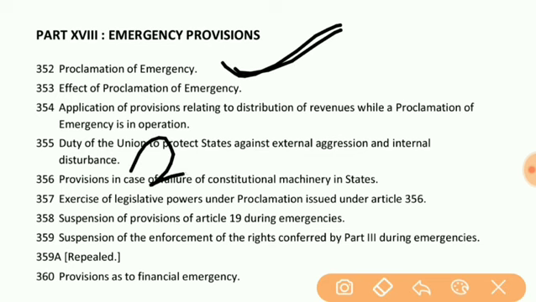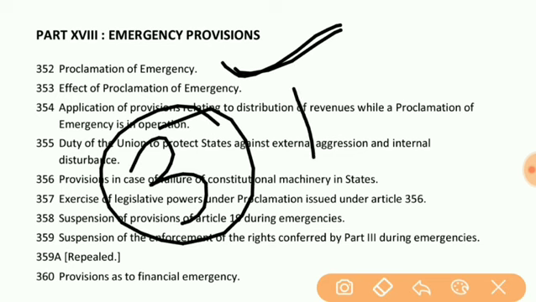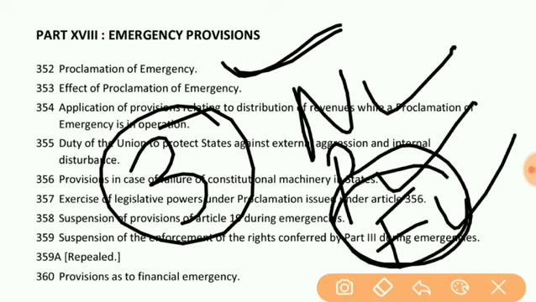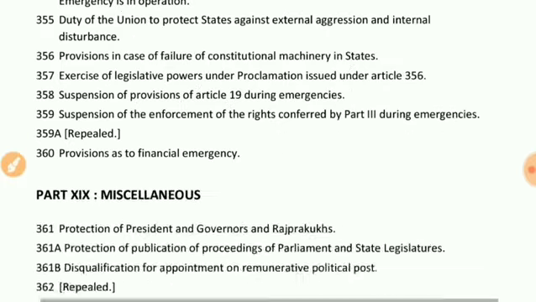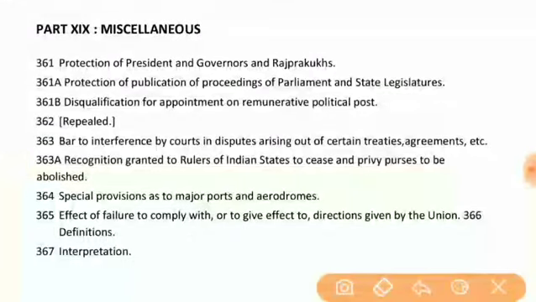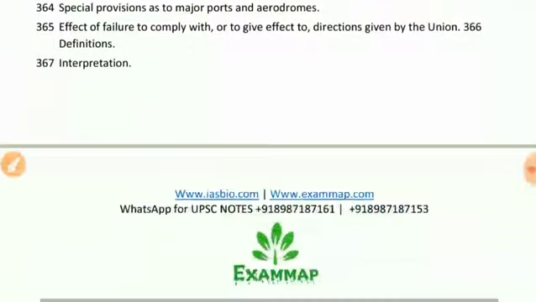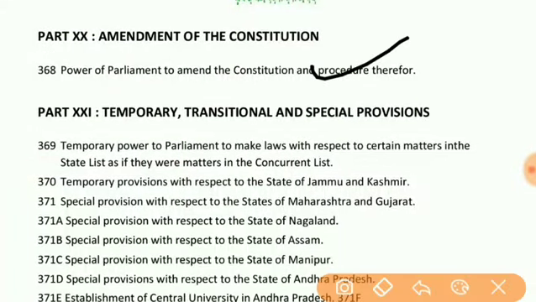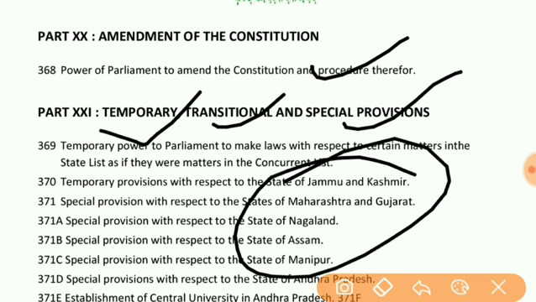We have 3 emergencies in the Indian Constitution, that is national emergency, President's rule and financial emergency, and yet we have not had any financial emergency in India. Then we have Part 19, miscellaneous, Part 20, amendment of the Constitution, and Part 21, temporary, transitional and special provisions given to some states.